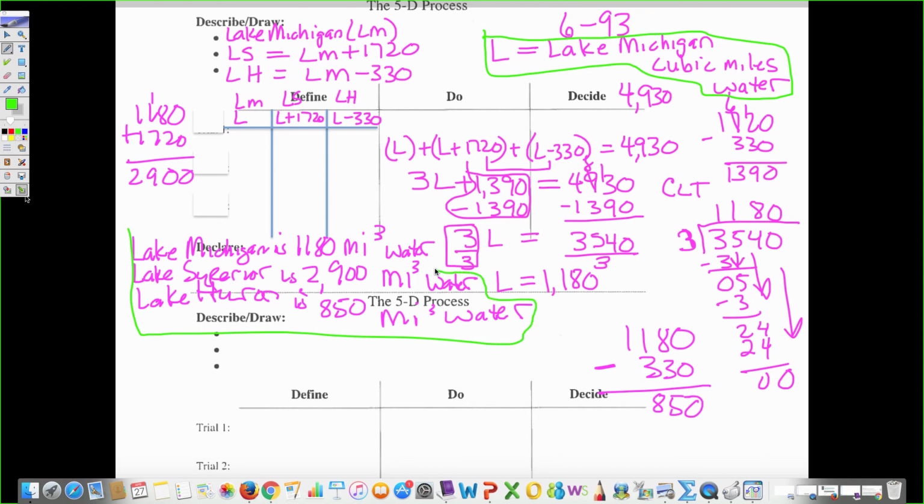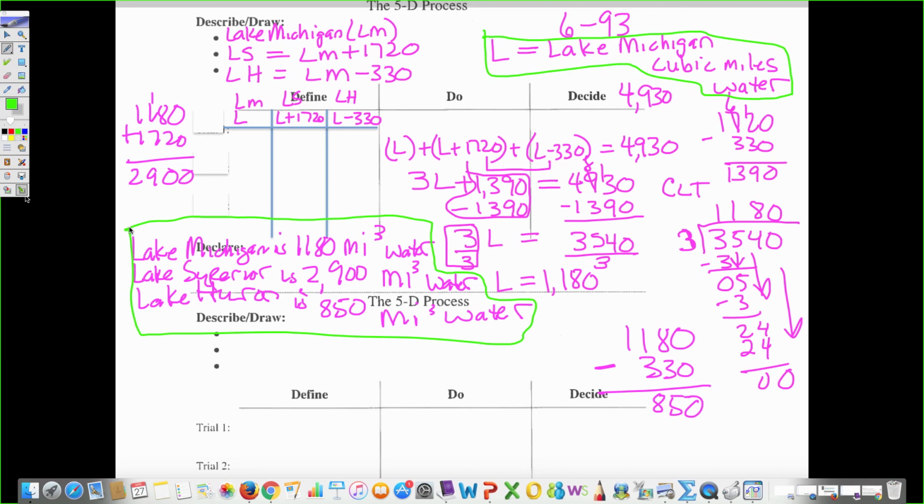What I wanted you to see here is how CPM's been leading us along. First we learned the 5D process, then we did the inequalities and the equation solving skills, and now we put the two things together.